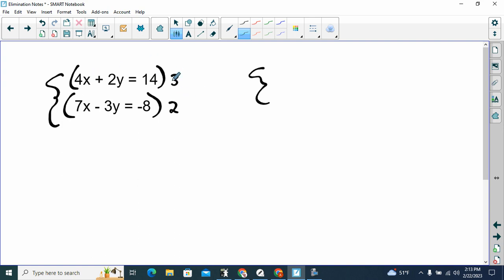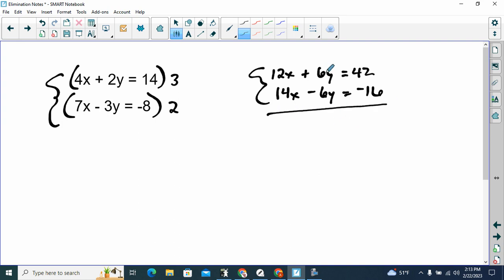Distribute 4x times 3, 2y times 3 equals 14 times 3. Distribute on the bottom. 7x times 2, negative 3y times 2, negative 8 times 2. 6y minus 6y cancels.